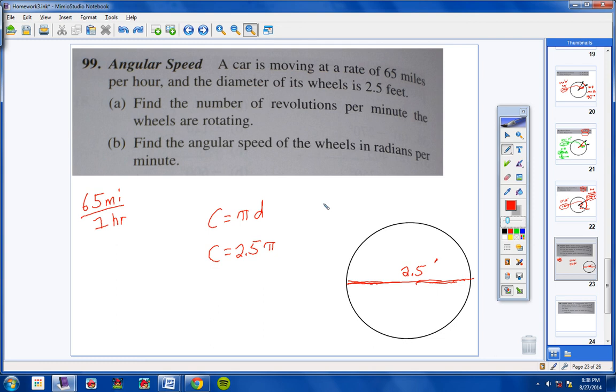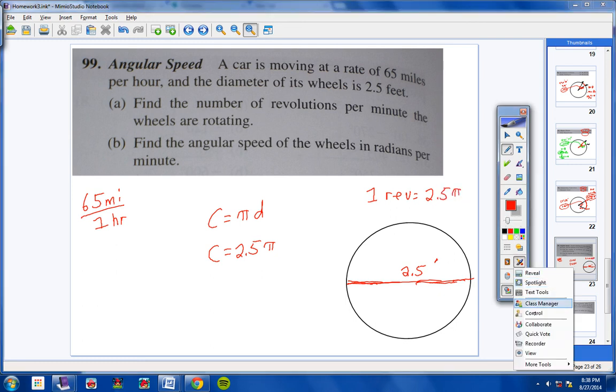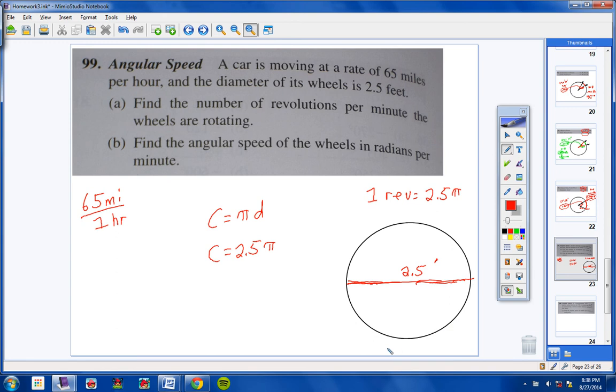So I can now state this somewhere. I can write down 1 revolution equals 2.5 pi. Now personally, I would like to leave it 2.5 pi for as long as possible, so I'm not rounding too early in the problem. So we're going to leave it 2.5 pi right now.